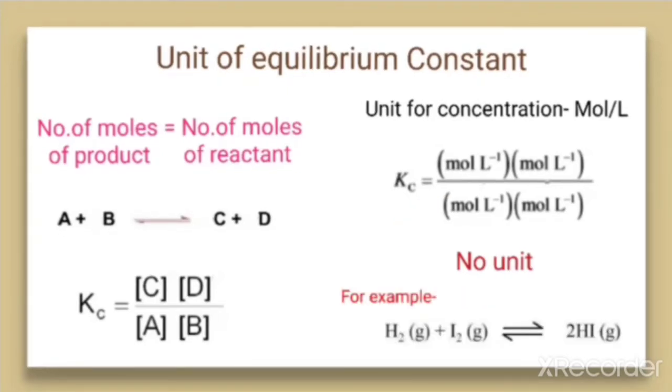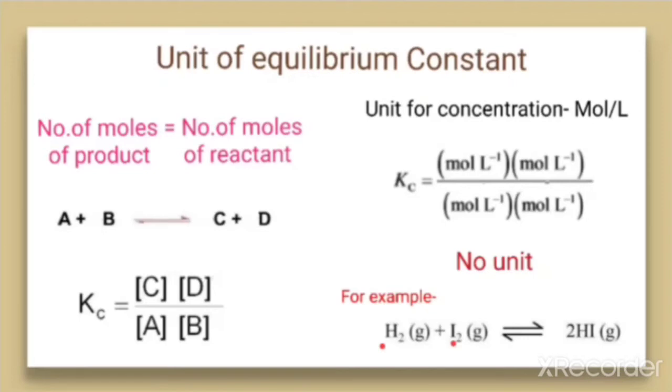For example, the reaction H2 plus I2 gives rise to 2HI. Here H2, I2 and 2HI are in the state of equilibrium. That's why the two arrows represent that they are in the state of equilibrium. In this reaction, 1 mole of H2 and 1 mole of I2 are given, that is, the stoichiometric coefficient here is 1.